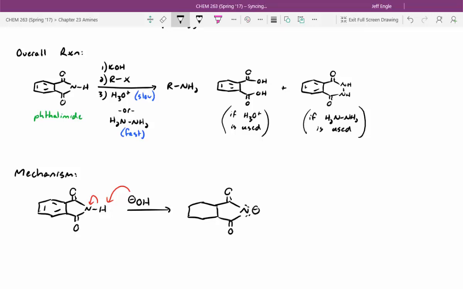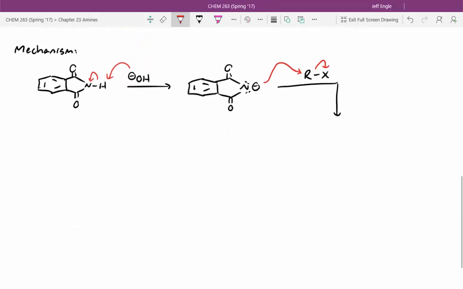So now this nitrogen would have 2 lone pairs. We'd have water as a byproduct. And then in the next step, we're going to treat this with our alkyl halide, which is a good electrophile, so our nitrogen can attack in and kick off our leaving group.